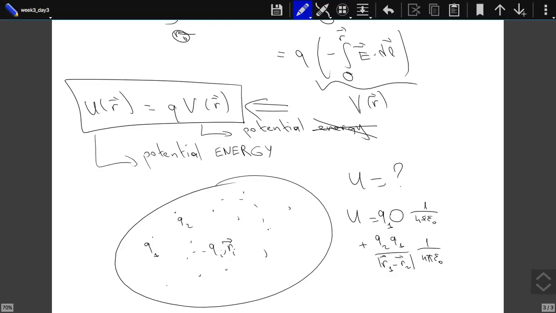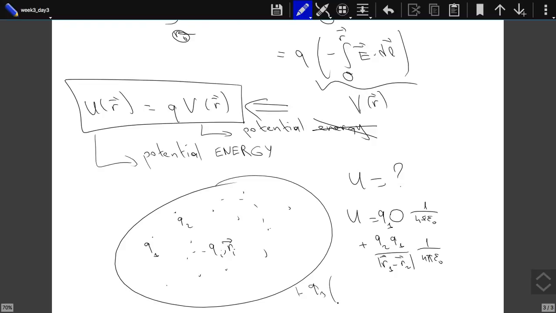Now I have this Q1 charge over here and Q2 charge over here. And I bring Q3. Well, at this point, both Q1 and Q2 are creating a potential at the position of Q3.